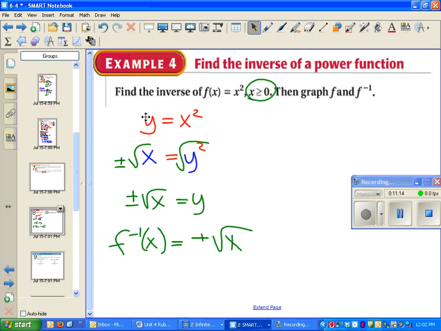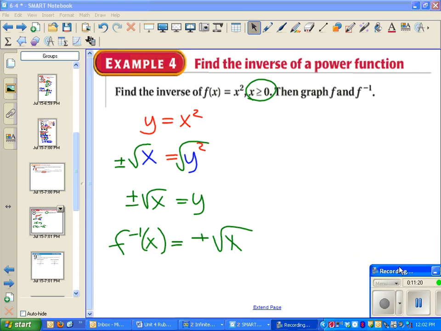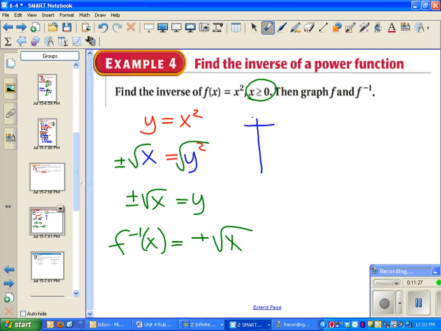Okay. All right. And then we're also going to graph these. Okay. So when I graph them, let's see, we're going to restrict the domain for x squared. So normally for x squared, our line of symmetry is at 0, and we plug in 0, we get 0. We can plug in 1 and get 1.